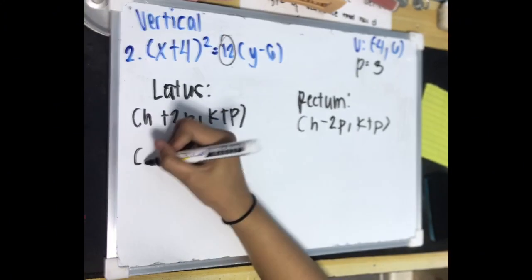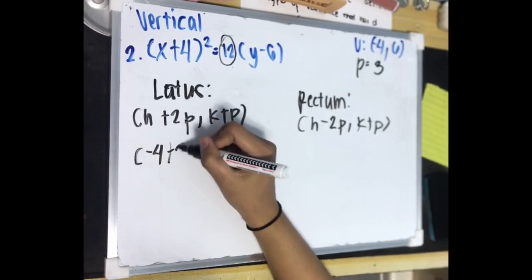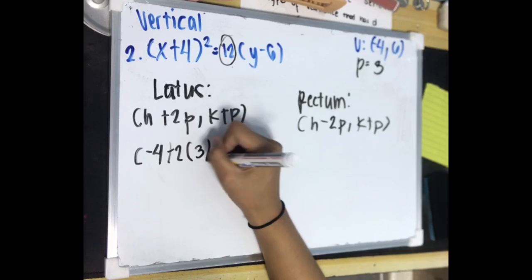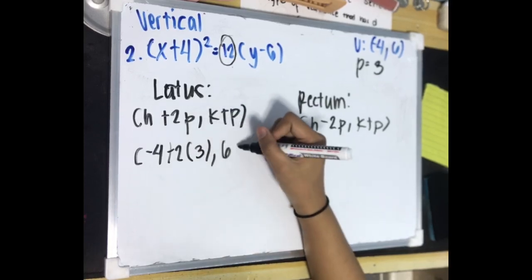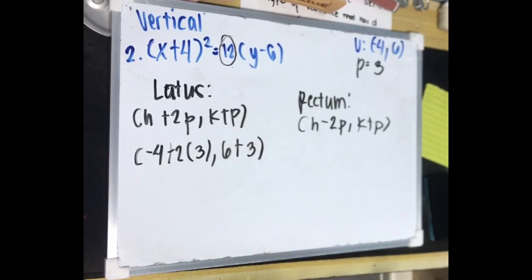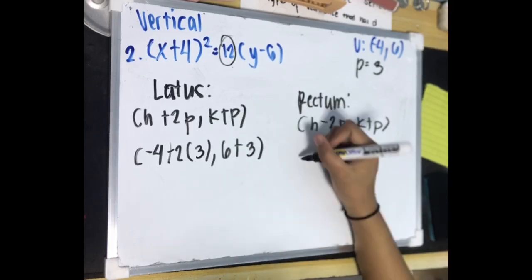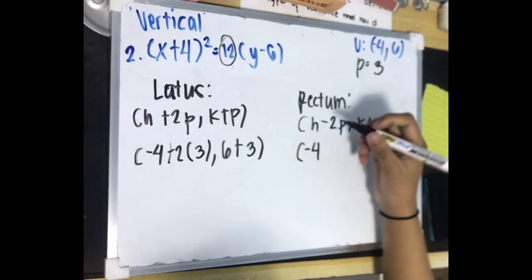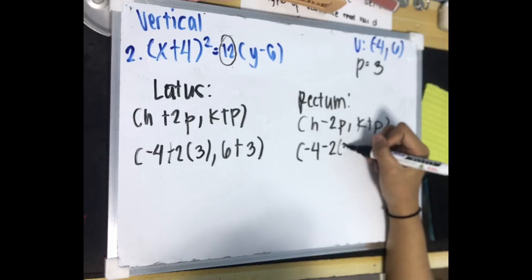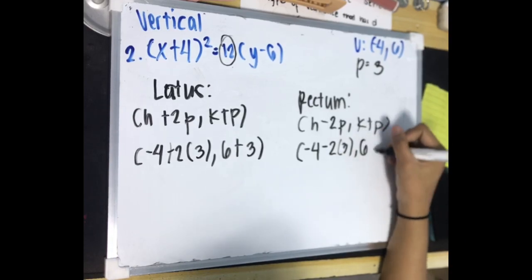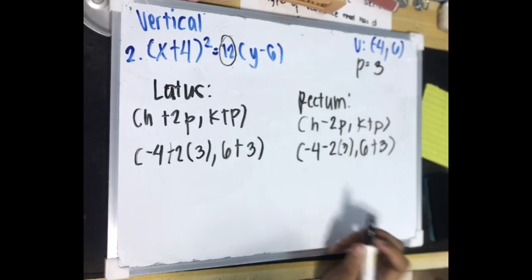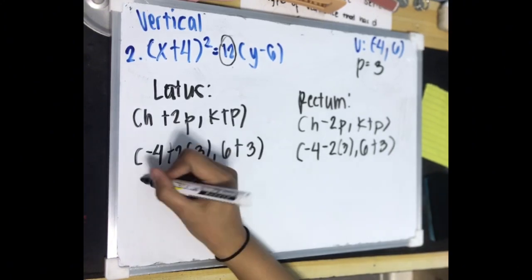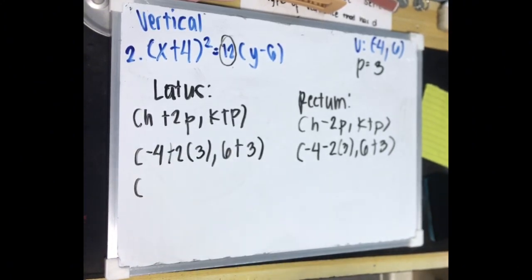Our h is negative 4 plus 2 times 3, and our k is 6 plus 3. On the other side, our h is negative 4 minus 2 times 3, and k is 6 plus 3.